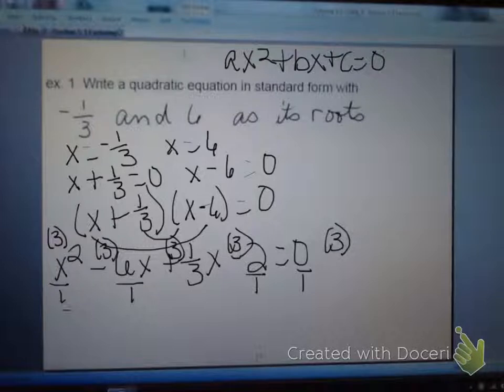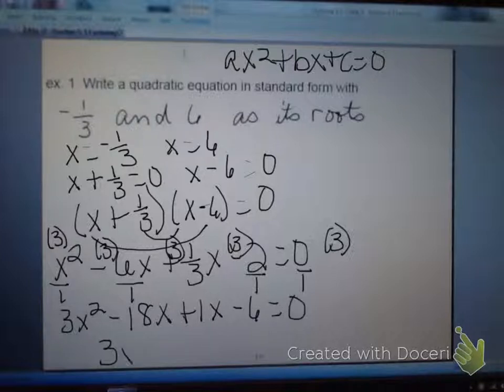When I do, I get 3x squared minus 18x plus 1x minus 6 is equal to 0. Combine like terms, I get 3x squared minus 17x minus 6 is equal to 0. There is my standard form.